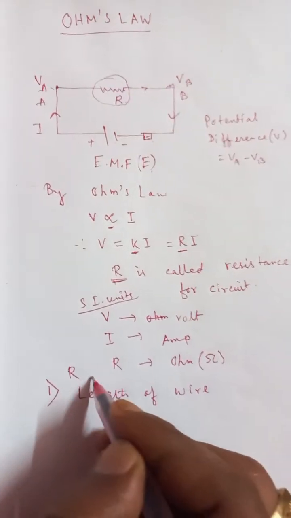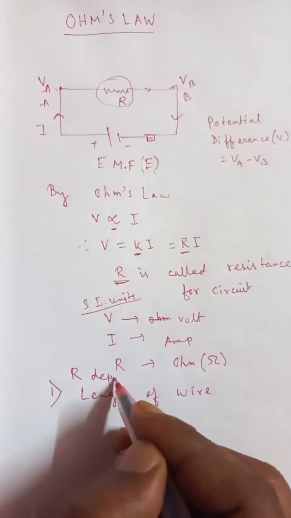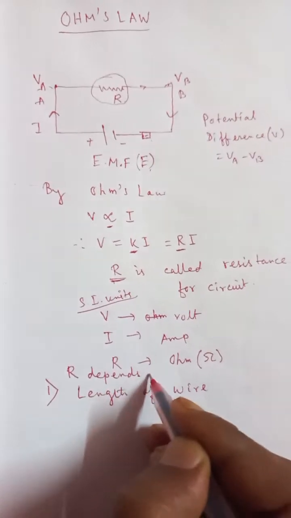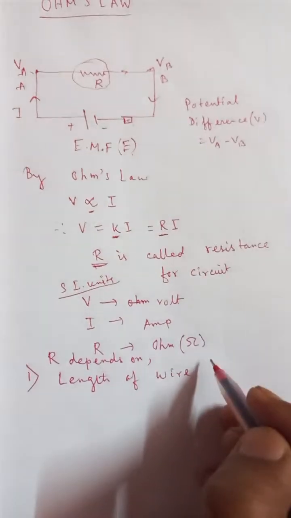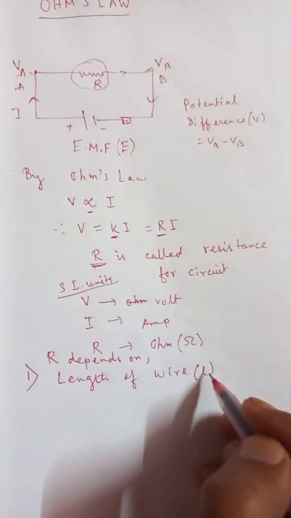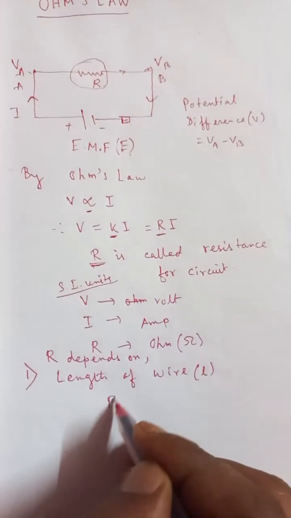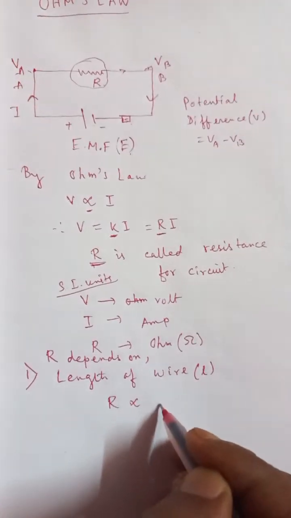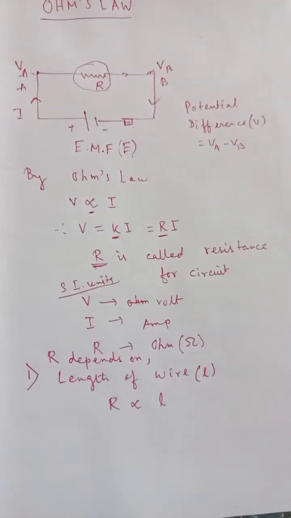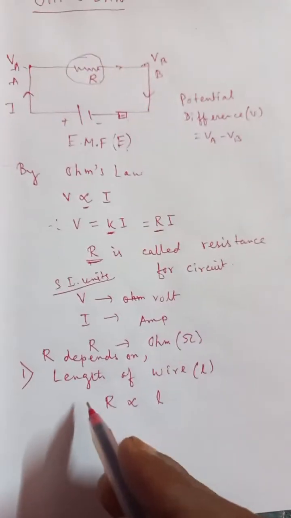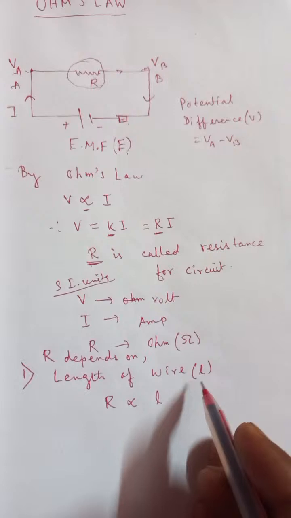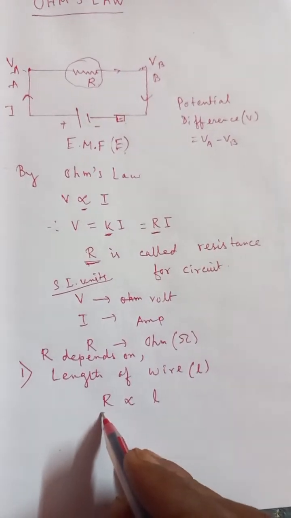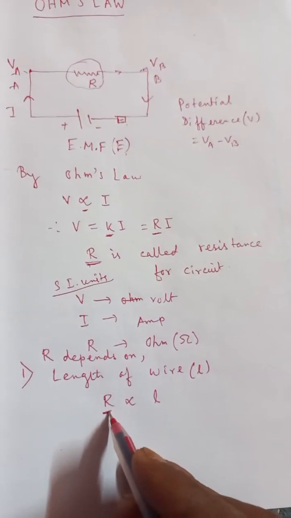R depends on it: if this is L, then R is directly proportional to L. It means that if we take a longer length than a smaller length of wire, then we will have longer resistance for the circuit.